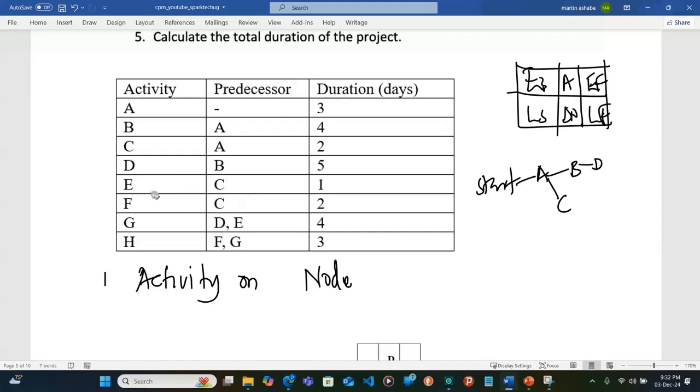And from C we have to do E and F. And then from D and E we have G. Then from G and F we have H. So we're beginning with one node and ending with another node.